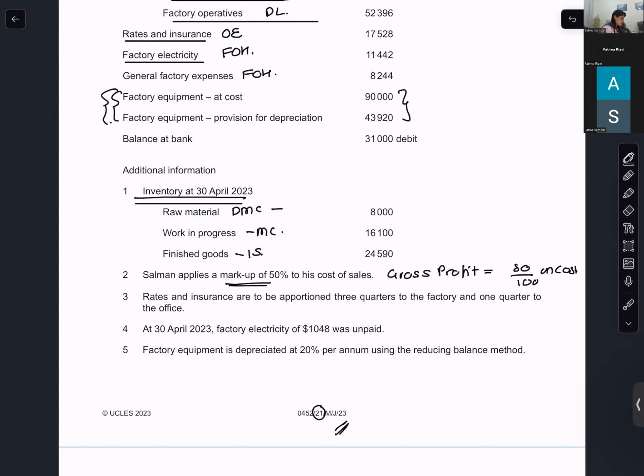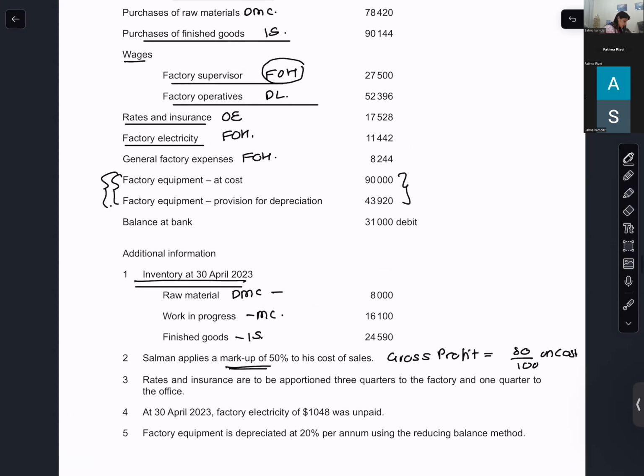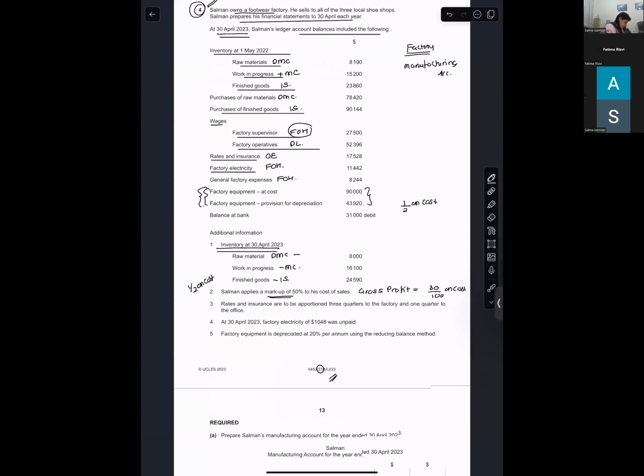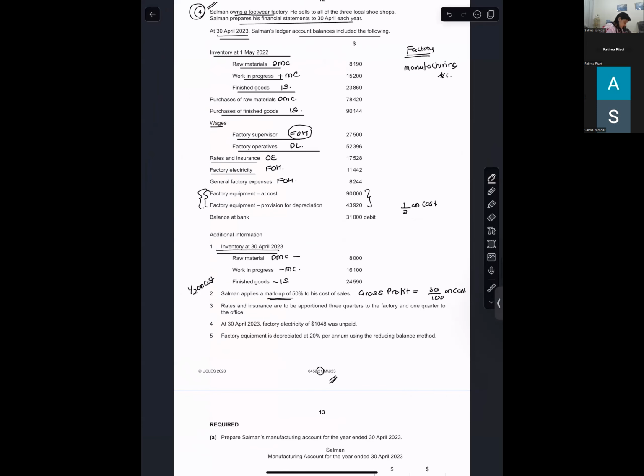So if gross profit is 50% on cost, what does it mean? It means half on cost of sales. I can only derive this, I cannot derive anything more than that. Okay, read ahead.